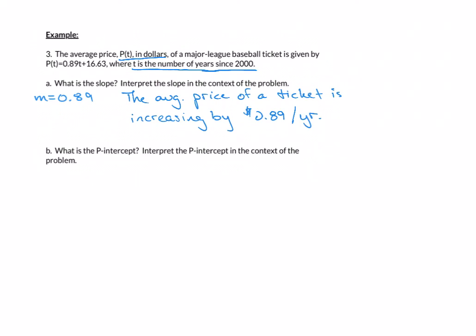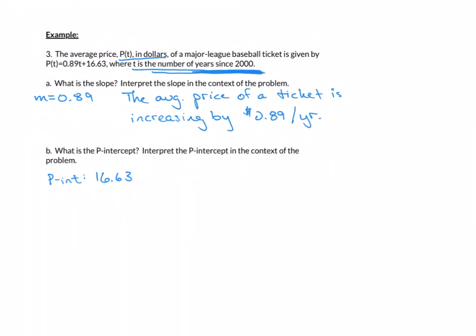So now let's talk about our P-intercept. Our P-intercept is 16.63. Now in all the other examples, we said this was the initial value. But if you look here, is this the actual initial value of a baseball ticket? No, because baseball started way before the year 2000. So instead of using the phrase the initial value, what we're going to do is bring in this up here.